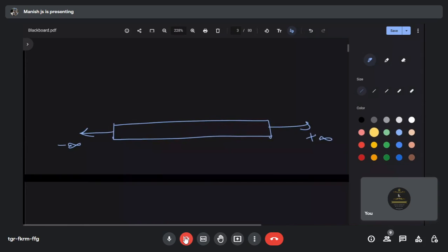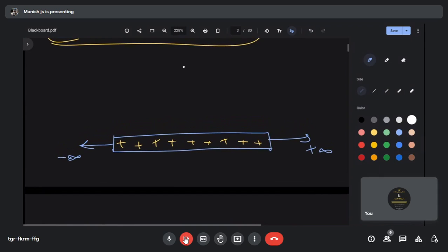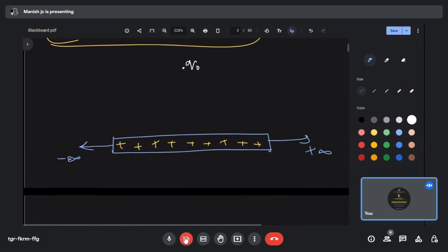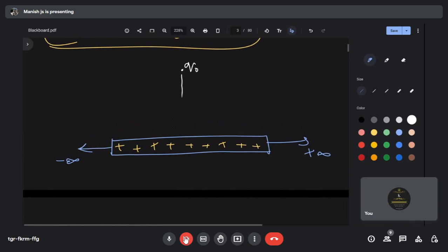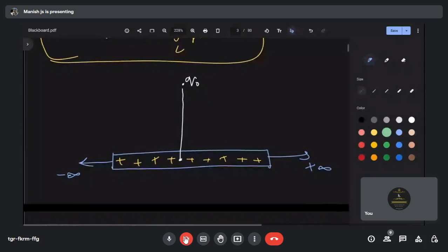My question is, what is the electric field due to a point Q naught placed exactly at the midpoint of this wire that is infinitely extending in both directions?